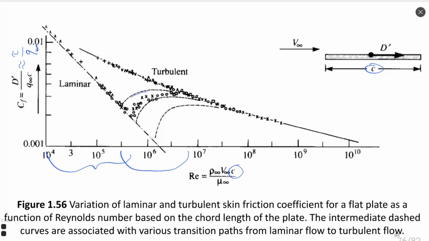This is why there are several transition curves here. And then turbulent flow follows. So laminar flow always transforms to turbulent flow somewhere between Reynolds numbers of 10 to the 5 and 10 to the 6, and the boundary layer becomes turbulent. Okay.